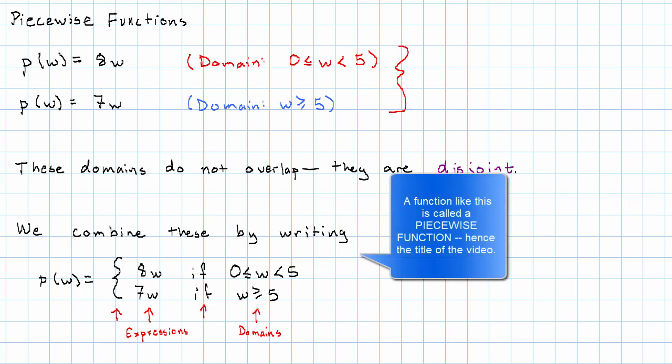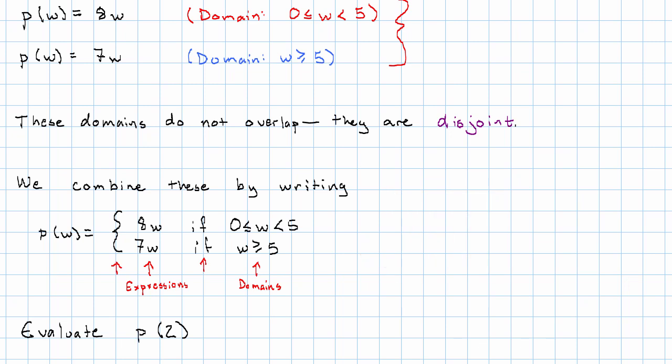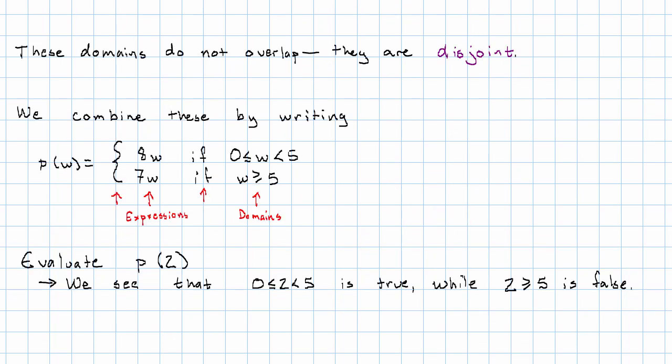If we wanted to evaluate this function, for example, for the number 2, so if we wanted to take p of 2, remember that that's plugging in w equals 2. First, we plug it into each of the rules on the right here.